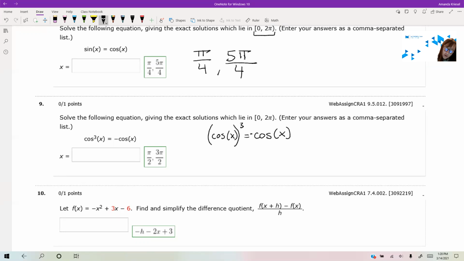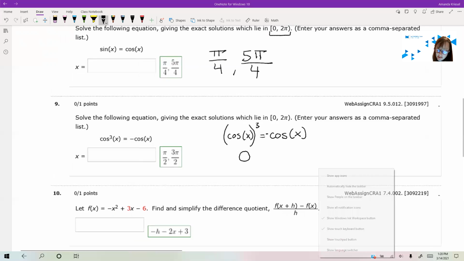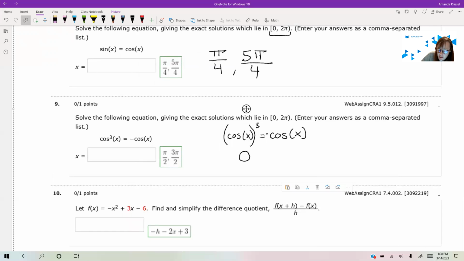So when I go on my unit circle, the x values that I'm going to focus in on are, first, when x equals 0, when theta equals 0. Here, cosine of x is going to be 1, and cosine of 0 is 1, so this is going to be -1, so they're not equal at 0. But that's kind of one of the ones that we would expect.